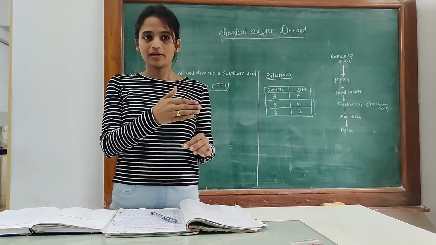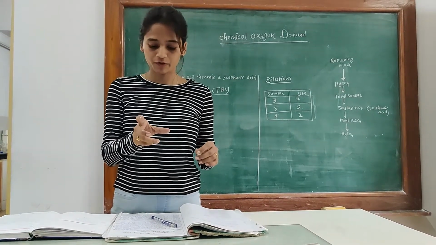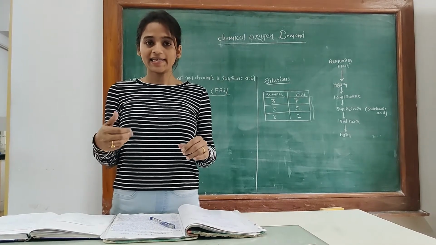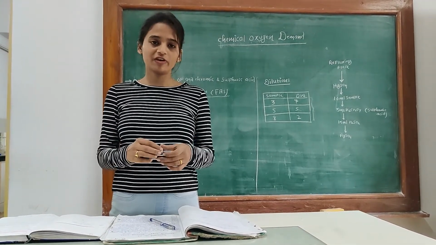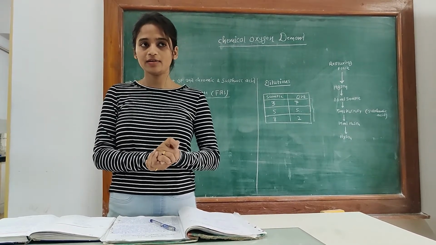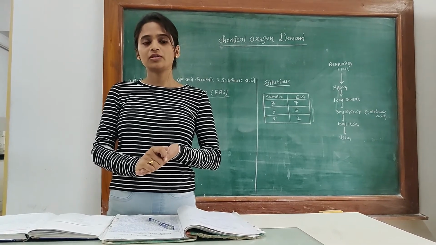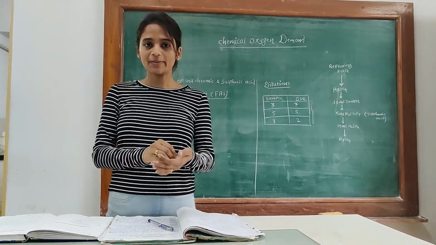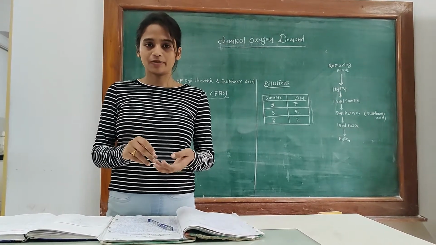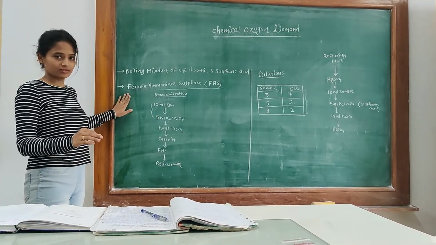The remaining potassium dichromate we will be getting by titrating it against FAS, that is ferrous ammonium sulfate, and by that we can measure the oxygen equivalent of oxidizable organic matter.